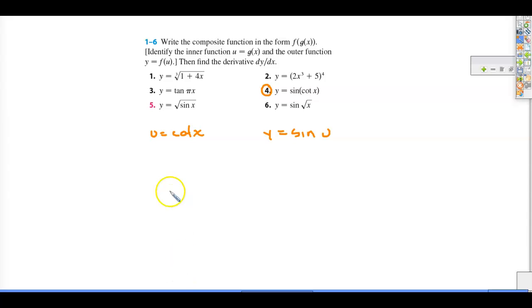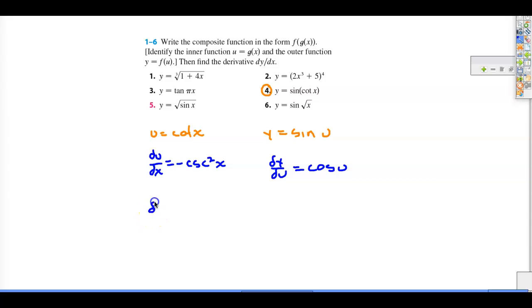So when you find the derivative, you're going to get du dx is going to be a minus cosecant squared x. Here you're going to get dy du is going to be cosine of u.